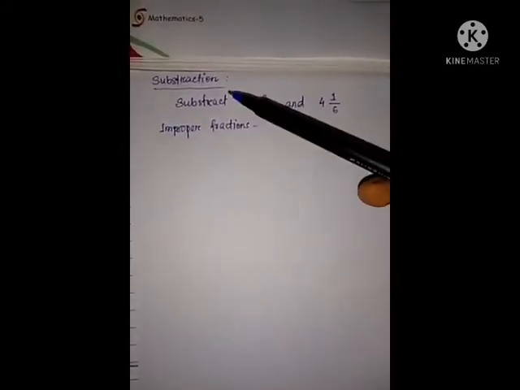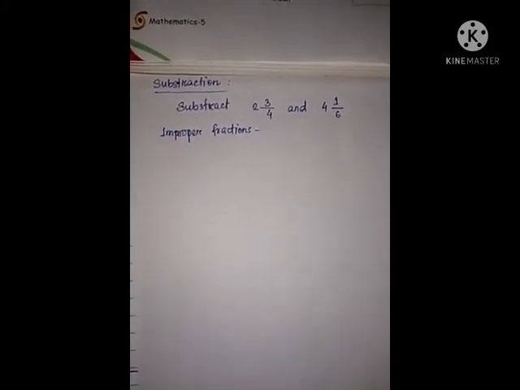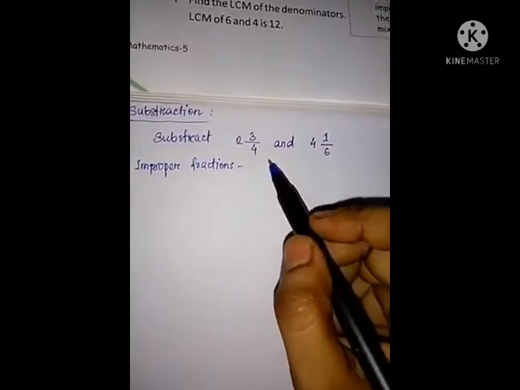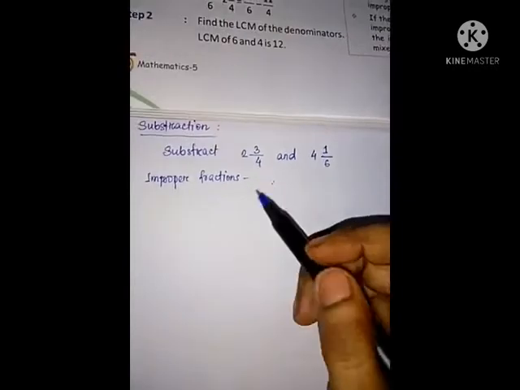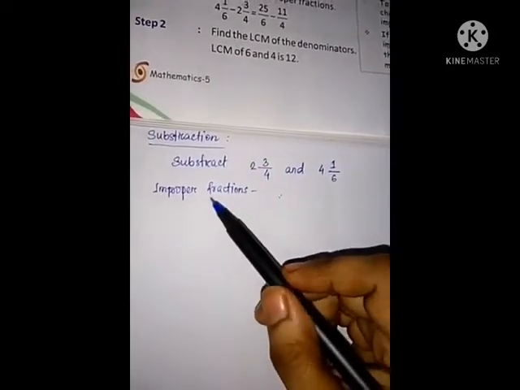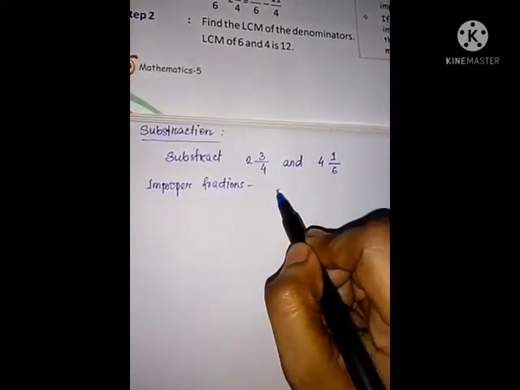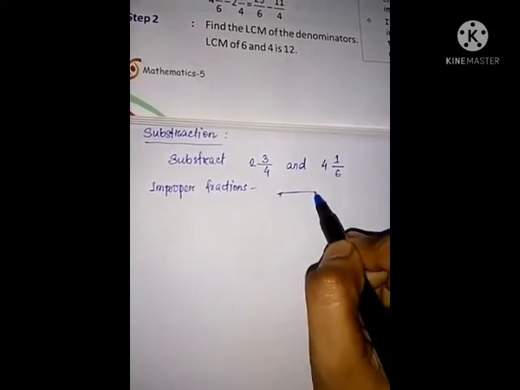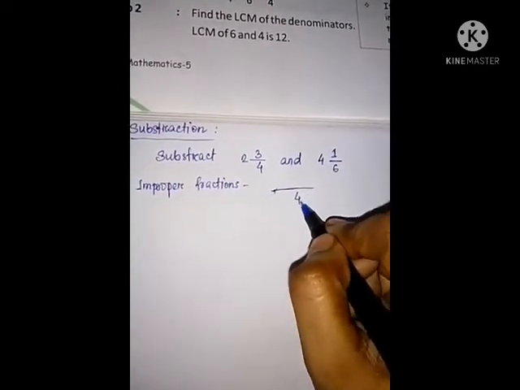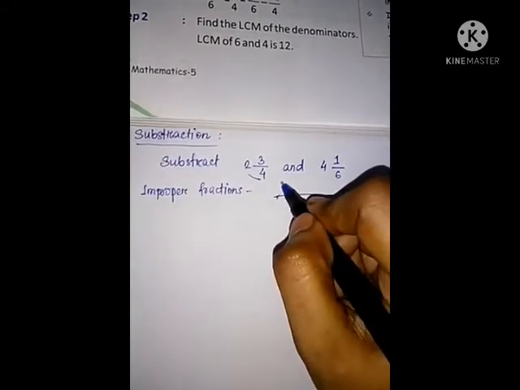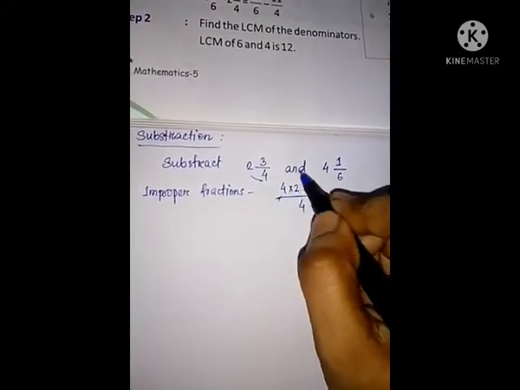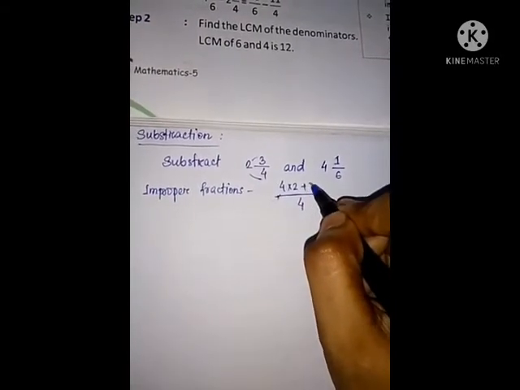Now see subtraction of mixed numbers. So I have taught you how to make improper fractions. See, the denominator remains the same. Now we are going to multiply this 4 into 2 and then add this 3.